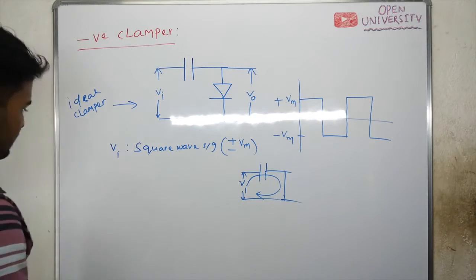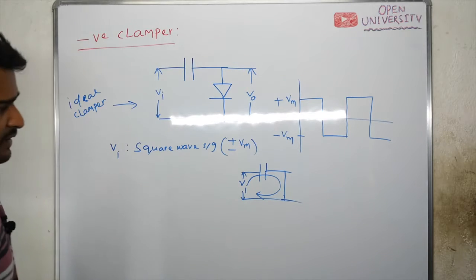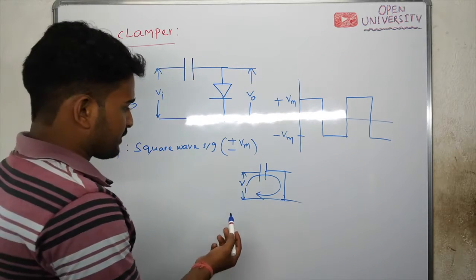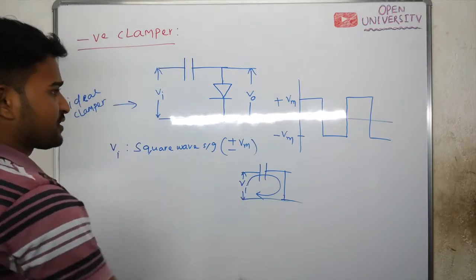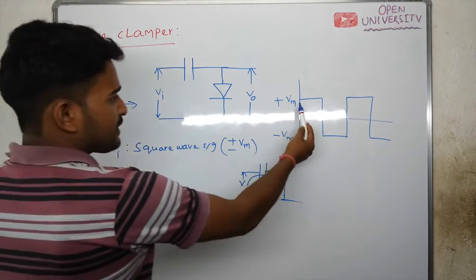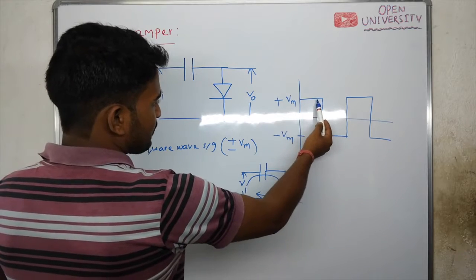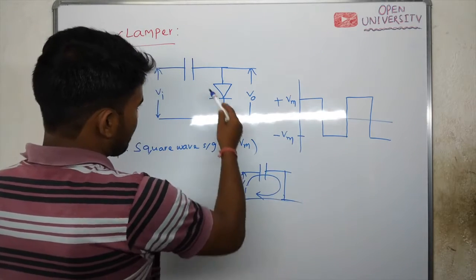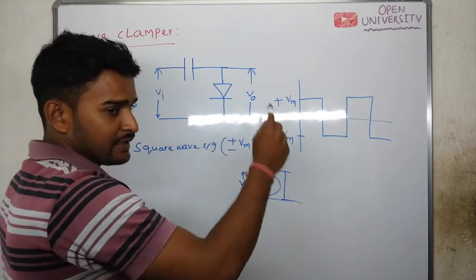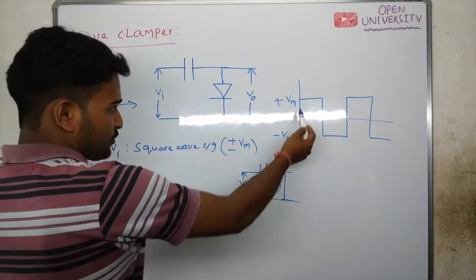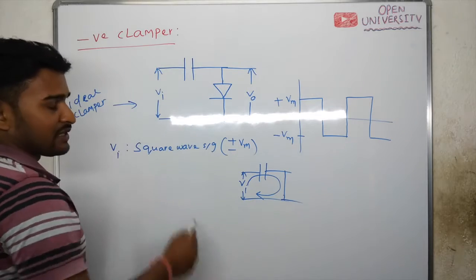During the positive half cycle, the capacitor charges up to the maximum value of the input because the diode becomes forward biased and current flows through the diode.